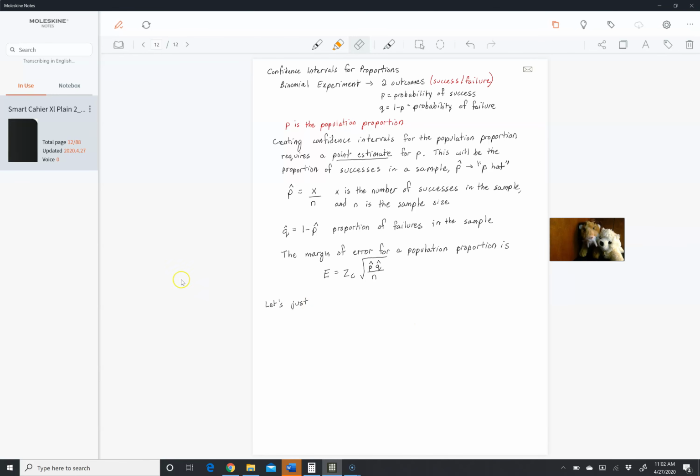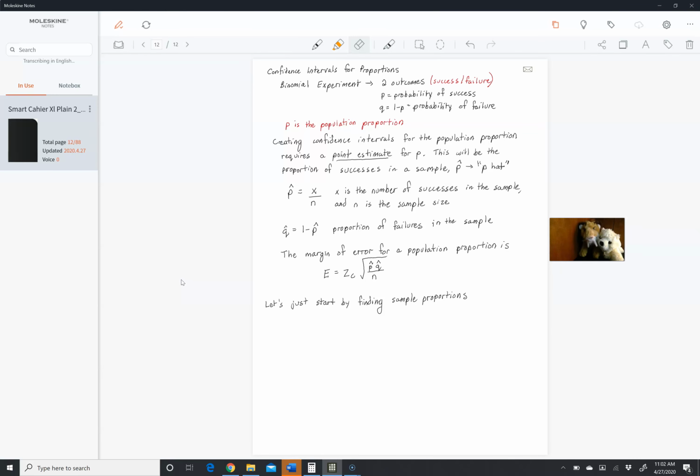So we're just starting with sample proportions, just so that you get accustomed to that part, and then we'll add in the rest.